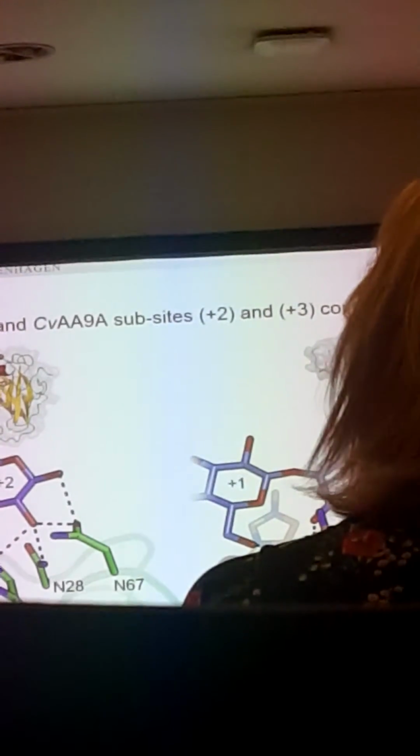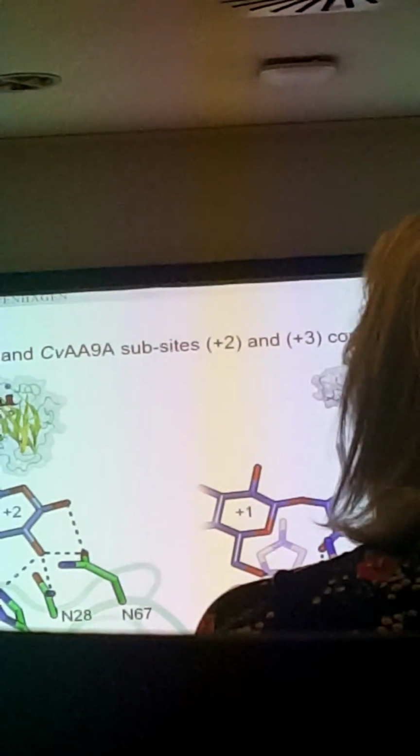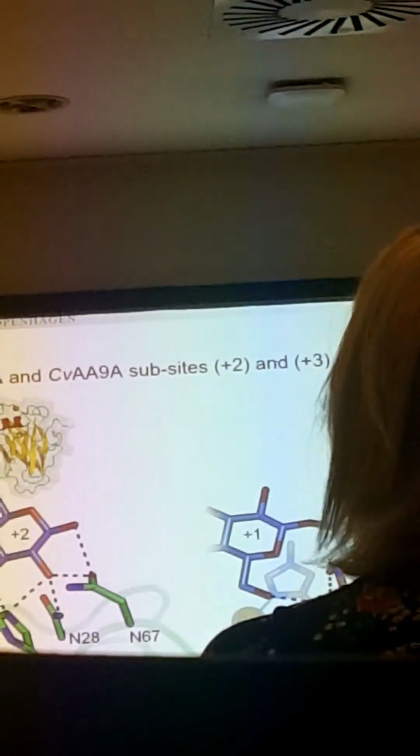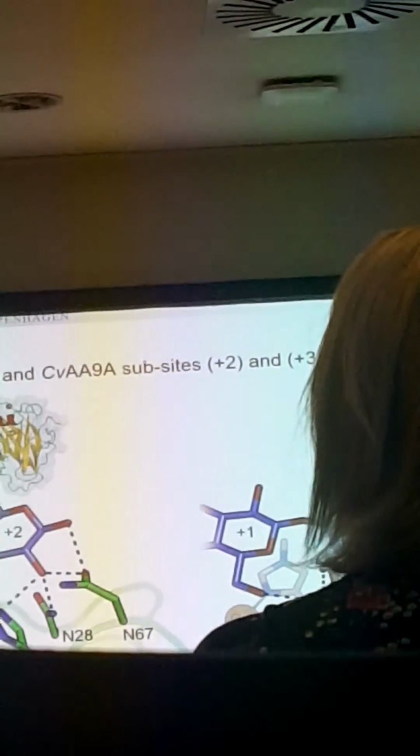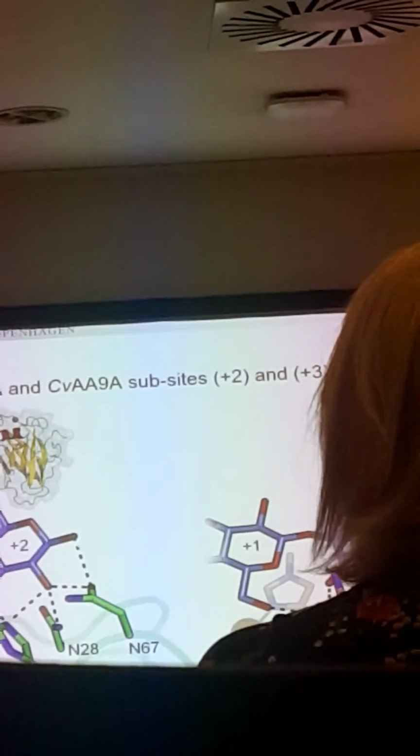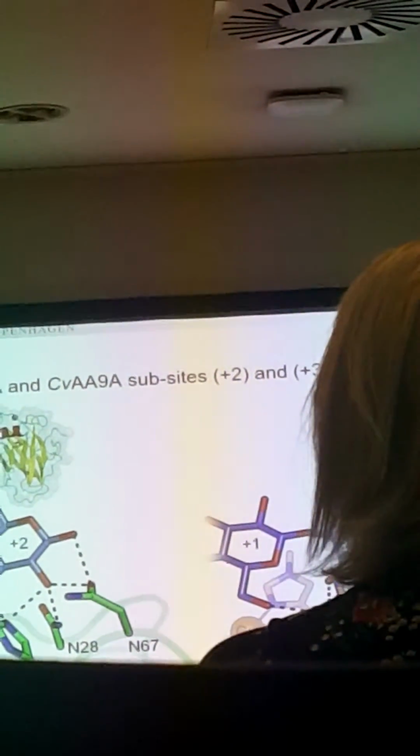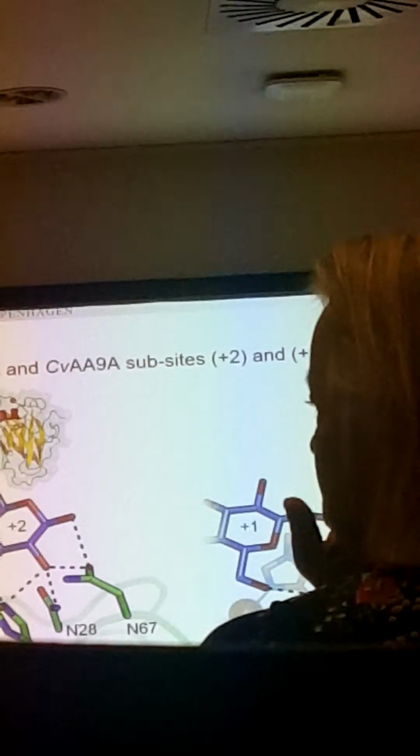So comparing the LS variant with the CD variant, we see that the hydrogen bond pattern is rather different. And that might have some mechanistic implications for the enzyme, which has to be fully unraveled.